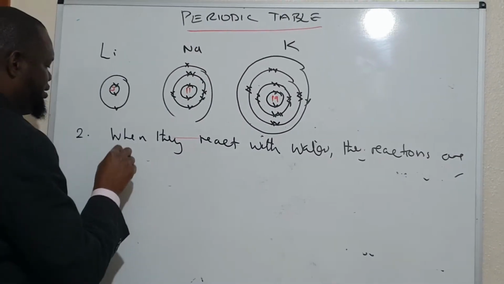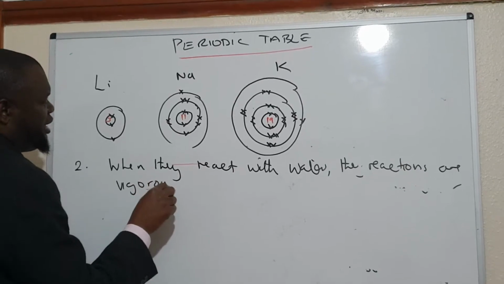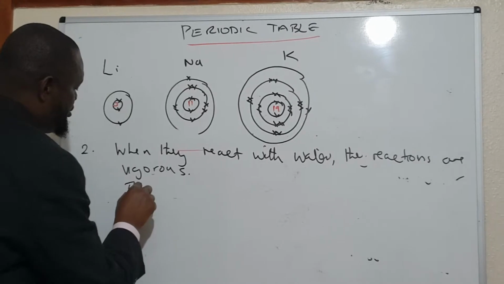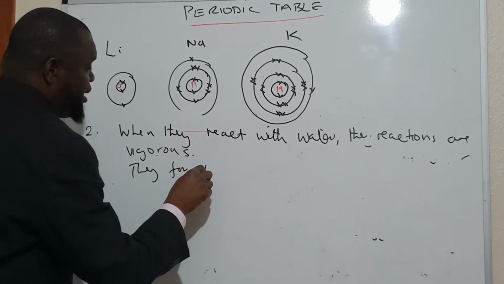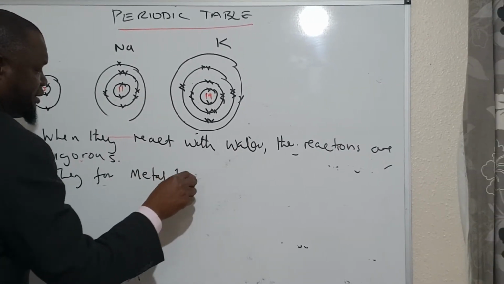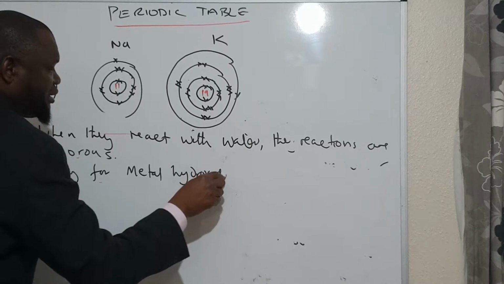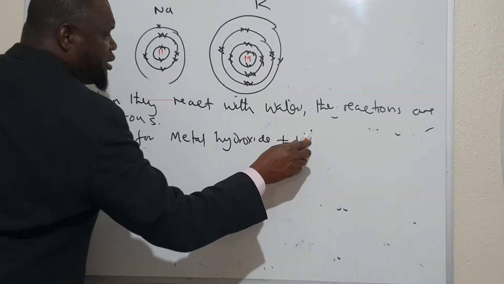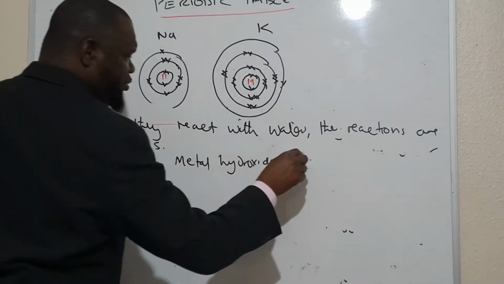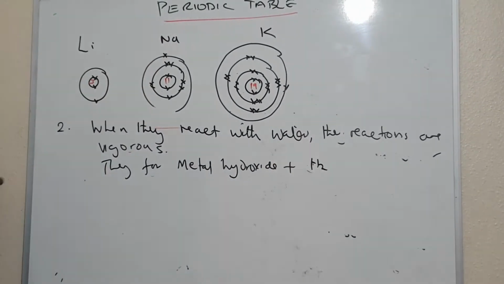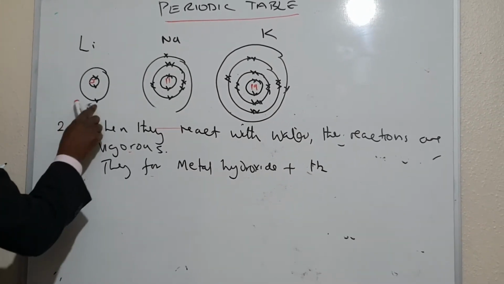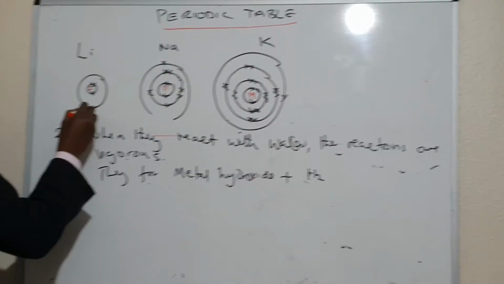Okay, the word here is vigorous. And they form metal hydroxide, because they are metallic. All group 1 are metals. Metal hydroxide and hydrogen. Our number 2 chemical characteristic is reaction with water.